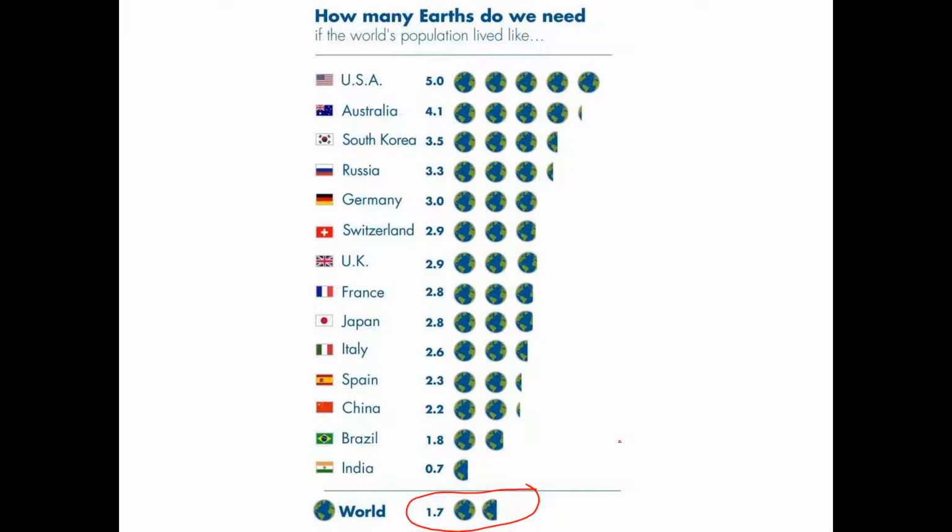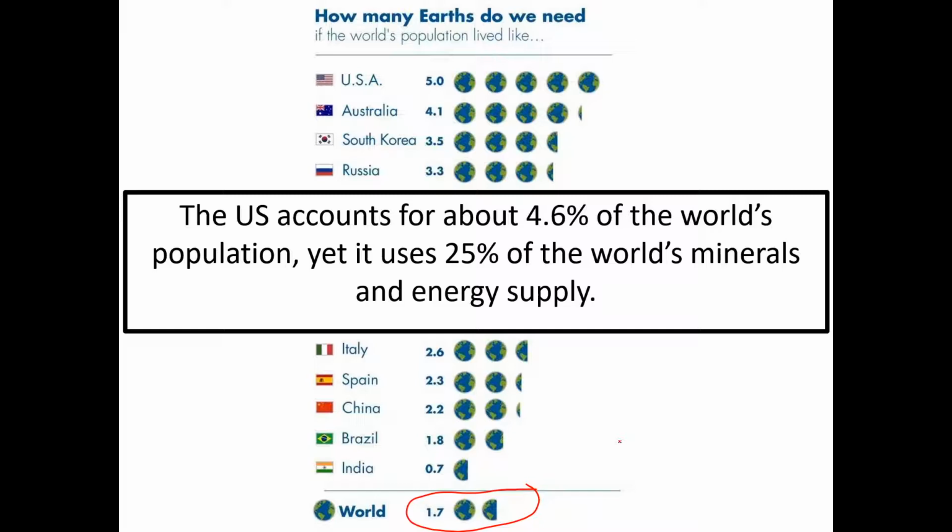It's like if you have a job that pays $1,000 a week, but your bills are $1,500 a week, you can only go in deficit so long before the bank comes after your house. And then all those bad things happen. Same thing is true with the world. And the United States, again, is a big culprit.